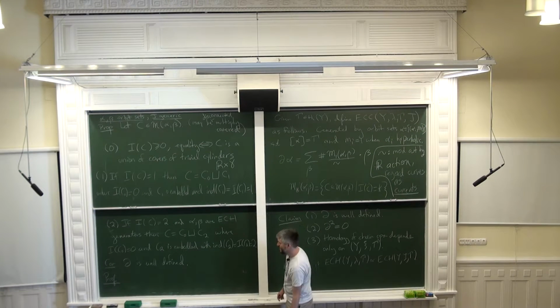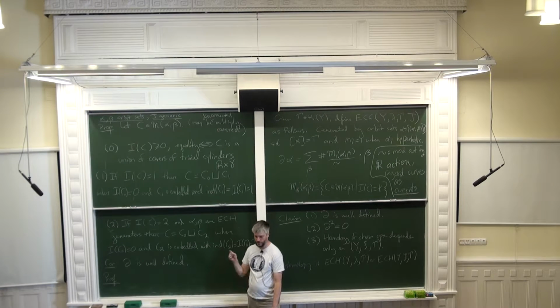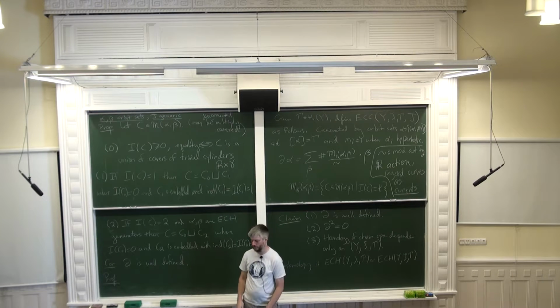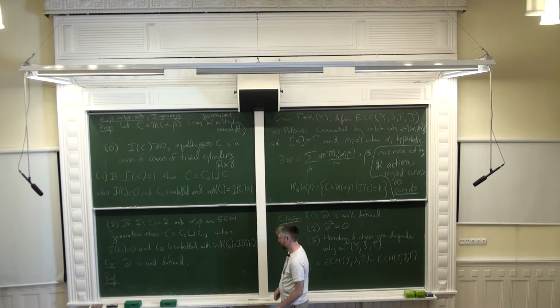So Carl's getting ahead of us a little bit to the U map, which counts curves, and there are two curves going through a base point. The question was, in part 2, C2 consists of two index 1 pieces. Could a curve like that appear in the definition of the U map? The answer is generically no, because generically nothing of index 1 goes through your base point, because index 1 things sweep out a sort of 3-dimensional subset of R cross Y. I'll have to come back to that a little bit later.